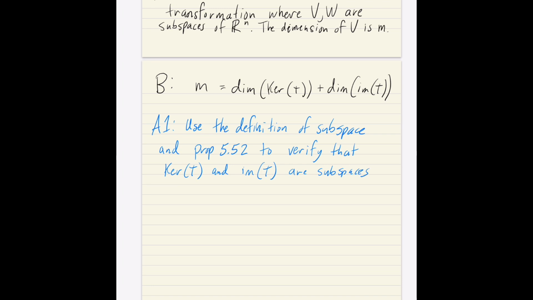And that's going to be of V and W respectively. So the kernel is a subspace of V, and the image is a subspace of W, respectively.